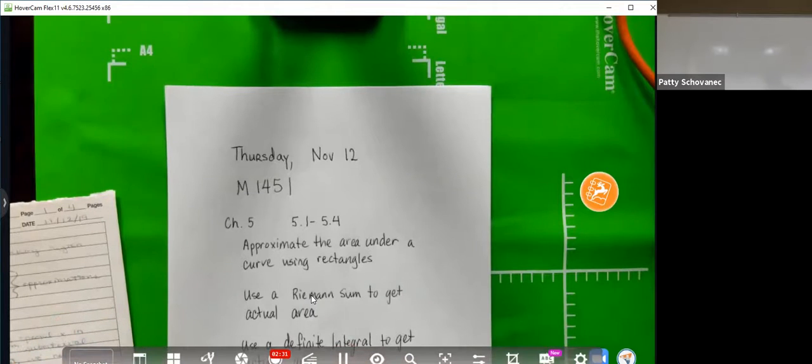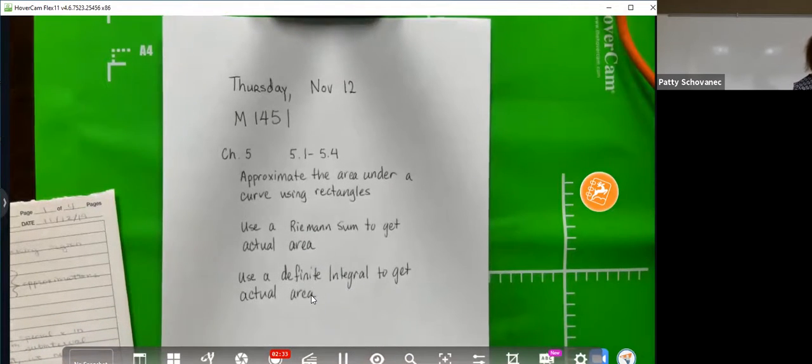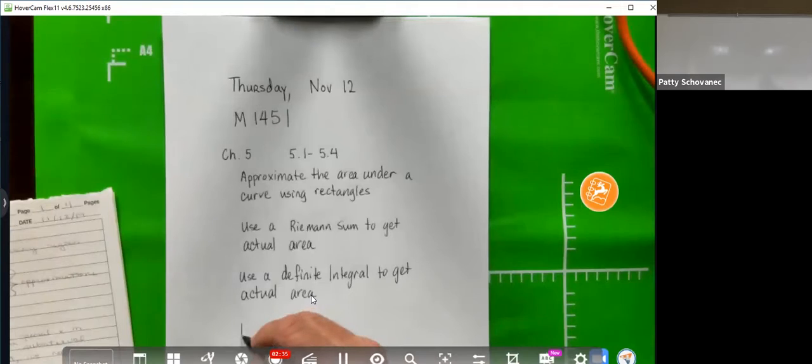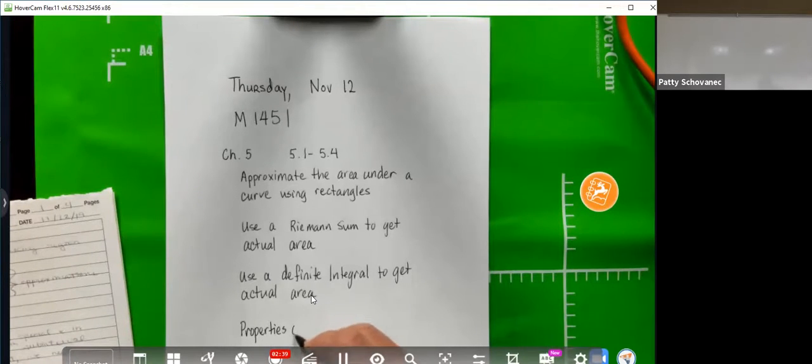And we'll make some statements about properties of the definite integral, so that we don't have to use Riemann sums every time.